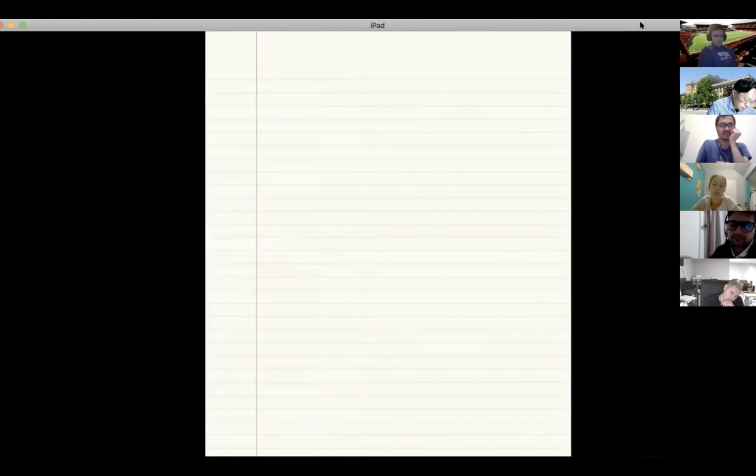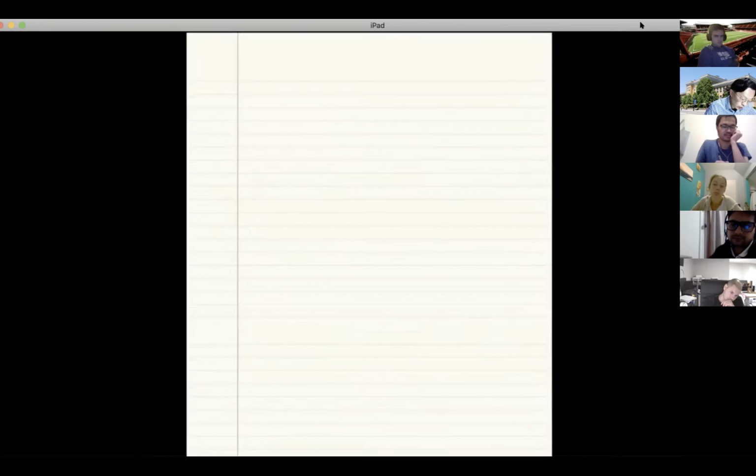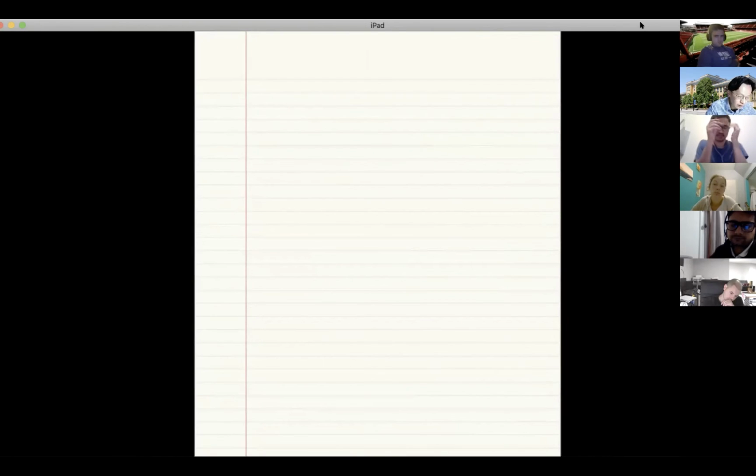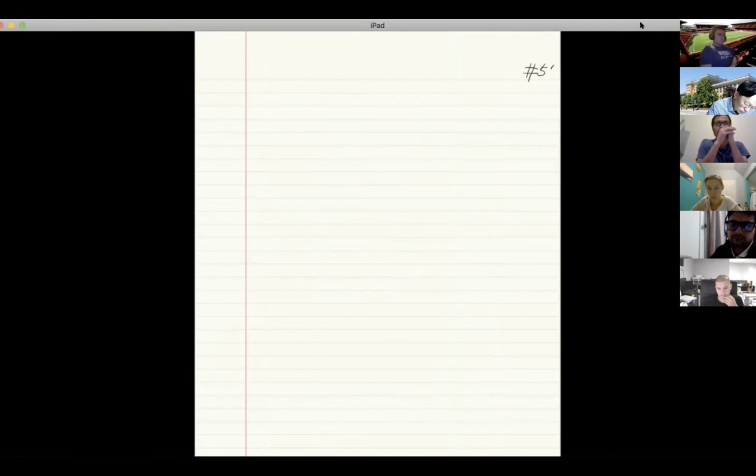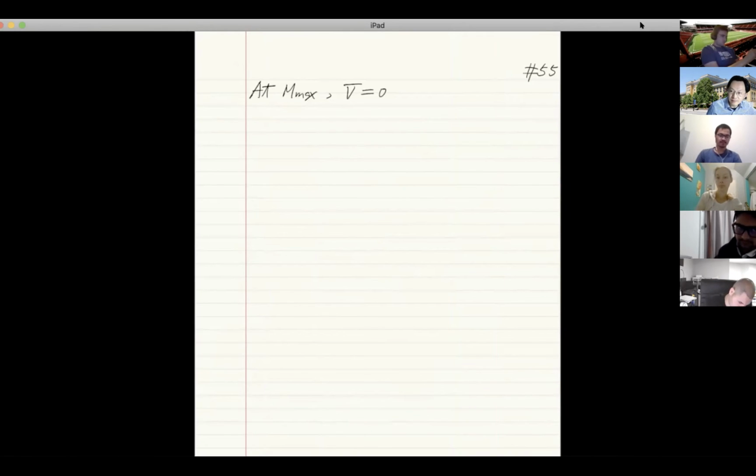If it is single curvature, by assuming that the whole coefficient is less than 0, and at the maximum moment, we know that shear must be 0, correct?